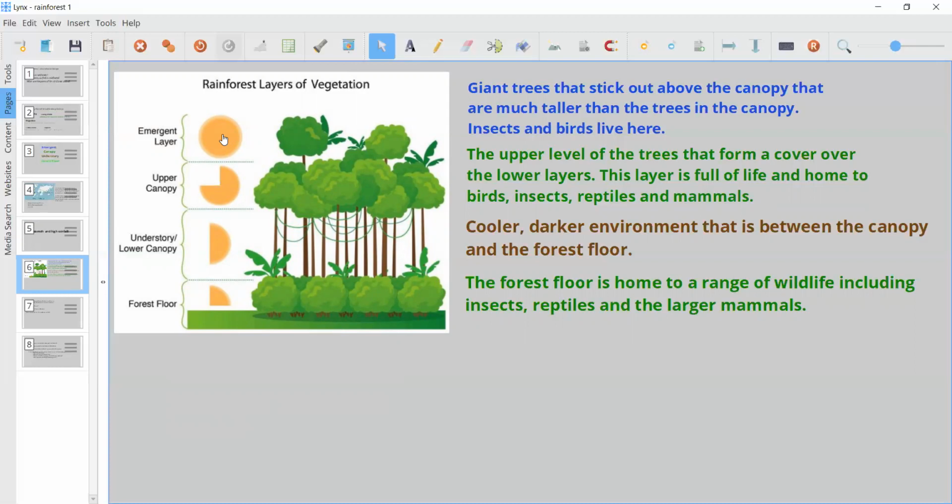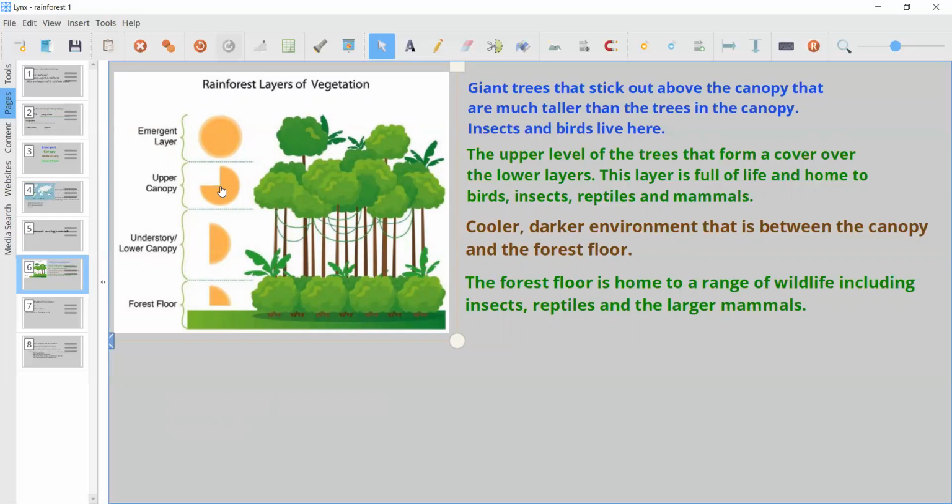Now, as you can imagine, there's not going to be a lot of life living in the highest point, apart from things that can fly, like birds and insects. Underneath that, you've got the canopy, the upper canopy, teeming with life, isn't it, George? Like what? More birds.